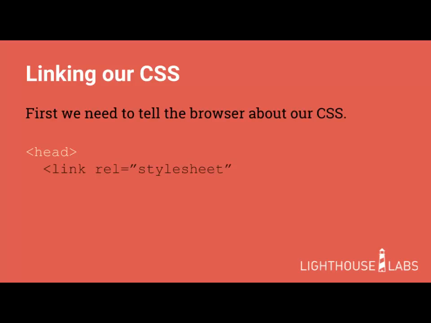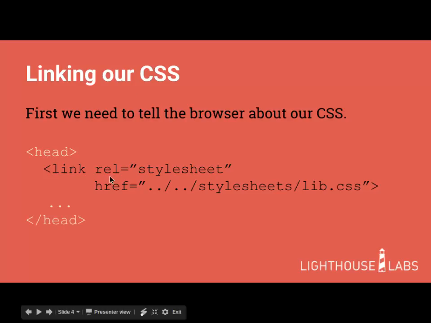We do this in the head, which hopefully is obvious given our previous discussion. We tell it the relationship to this document, and we just point it in the right direction, just like with an image. And like with an image, you'll notice there's no closing tag, just a little bit of HTML trivia.